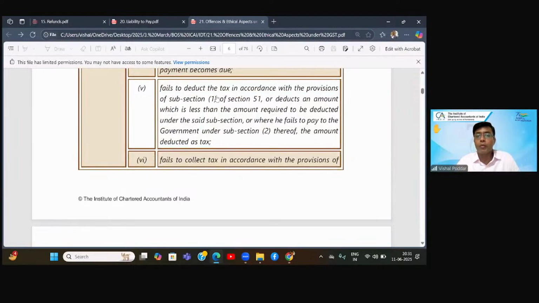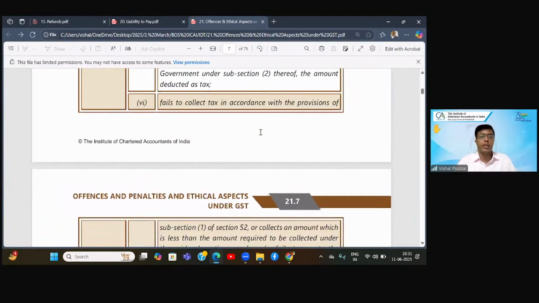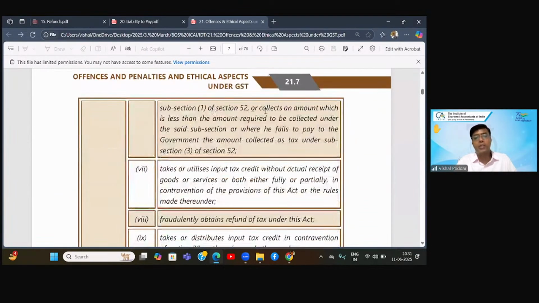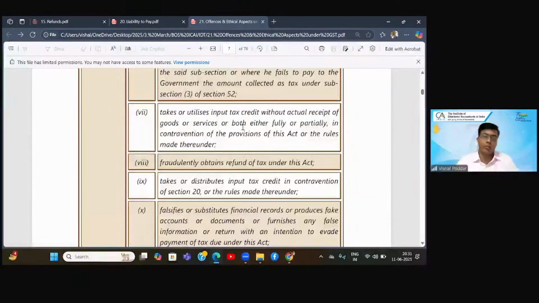Next, where you fail to deduct TDS or deduct an amount which is less than the amount required to be deducted, or where you fail to pay this amount to the government, this will again be an offense. So TDS not done properly, again an offense. Next, fails to collect tax. So TCS not done properly, again an offense.